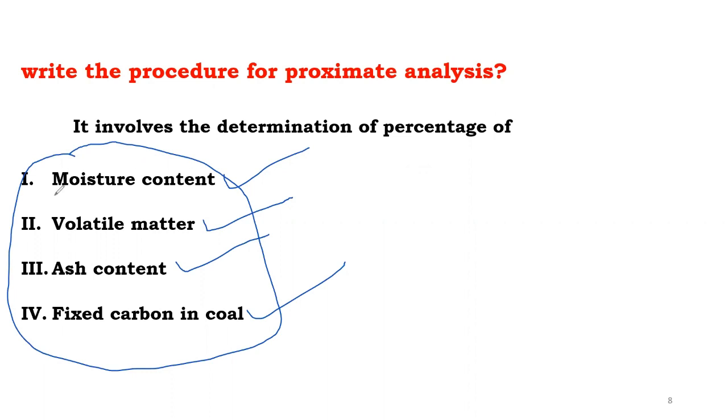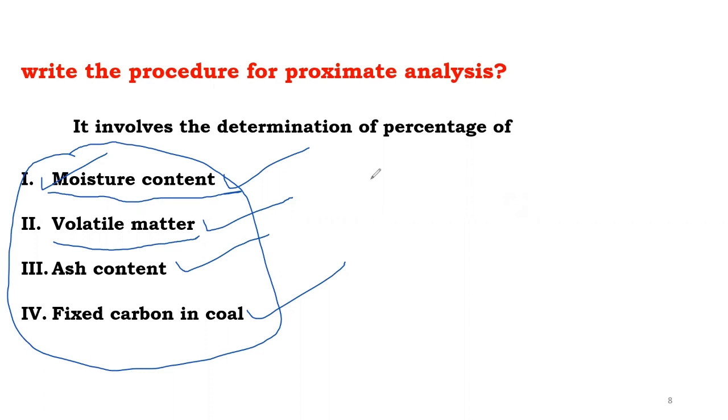Moisture content means the percentage of water, or moisture, present in a coal. Volatile matter, or volatile substances, are the substances which easily convert into gas. What are volatile substances?